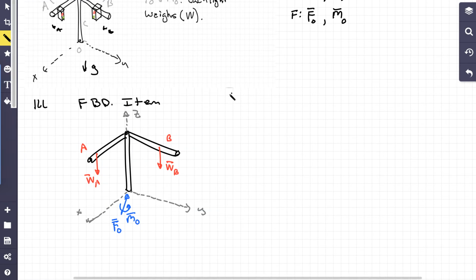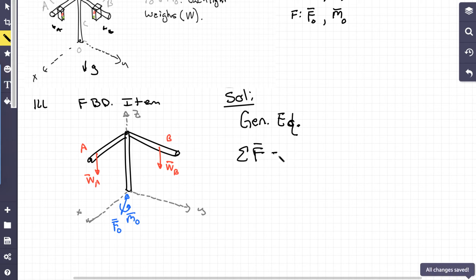So we're going to put a solution here. We can say the sum of the force vectors is equal to 0.